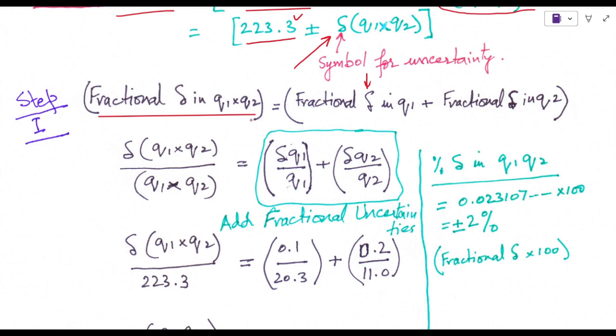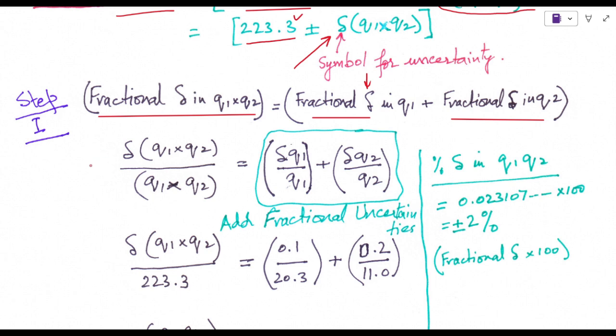That means whatever calculation is to be done, its fractional uncertainty is to be written on the left side of the equation, and then on the right side fractional uncertainty in Q1 plus fractional uncertainty in Q2. That means the fractional uncertainties from the values from which the answer is being calculated have to be added up.